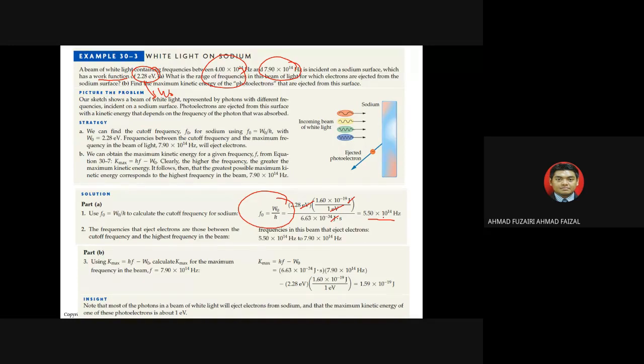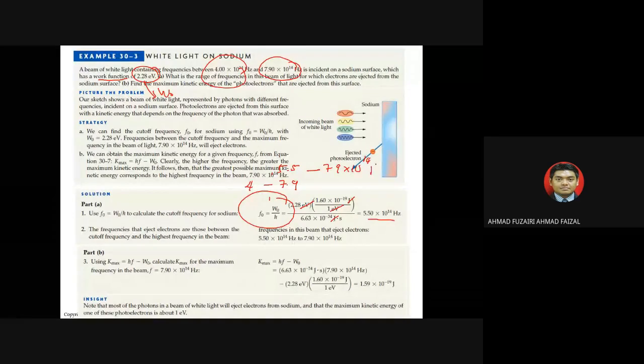This is the cut-off frequency, and we have 4 until 7.9, so it should be 5.5 until 7.9 times 10 to the power of 14 hertz in order to get the electrons ejected. So that is the answer.